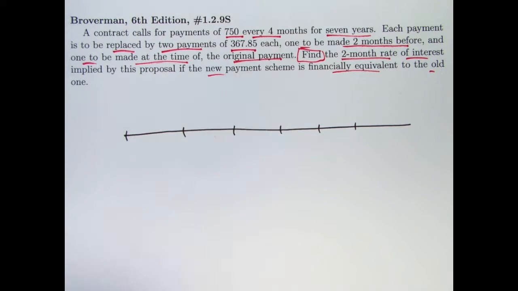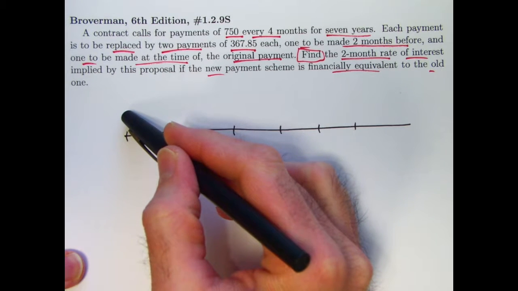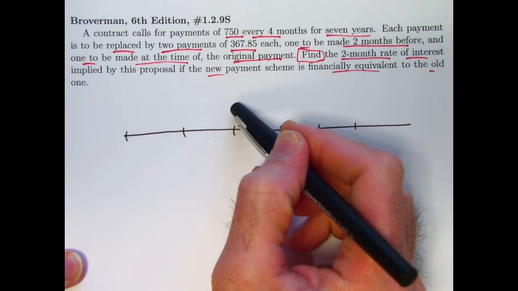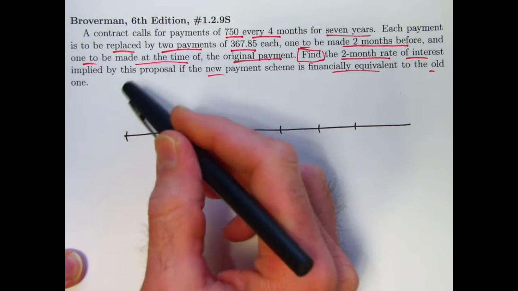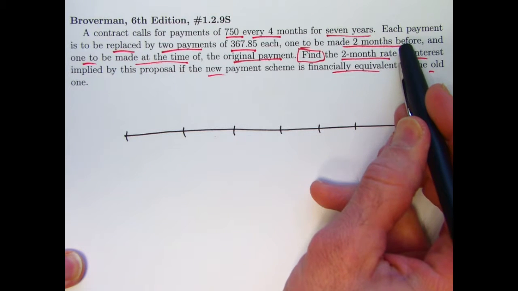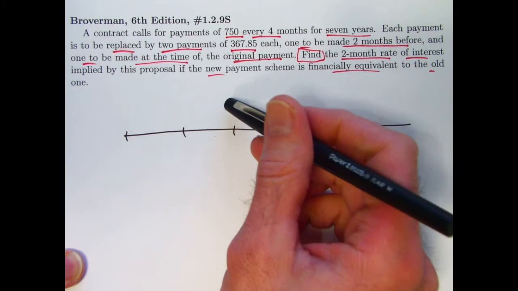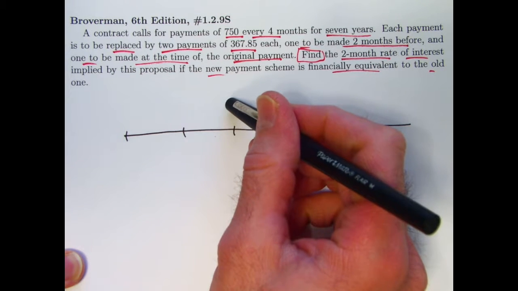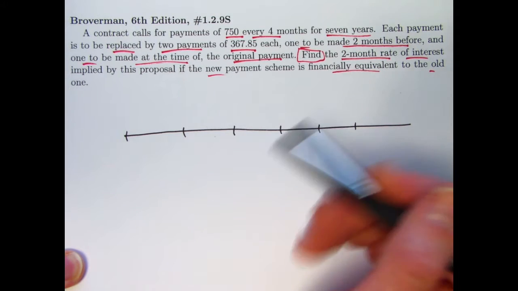It's not clear whether the 750 should be made at time 0 or at time 4 months. If it were time 0, the 367.85, made 2 months before, would have to occur in the past, so perhaps you prefer the 750 to start at time 4 because of that. It's really not clear, and because of that it's confusing.